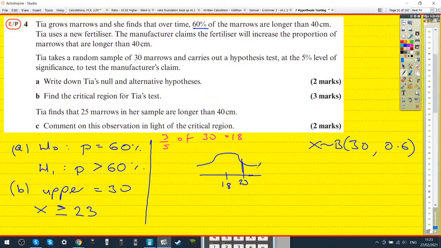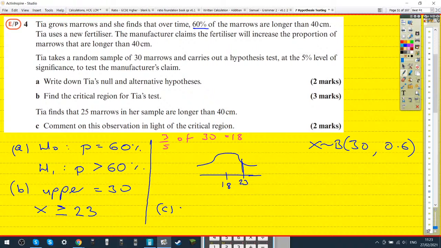Okay, and question C. So would you say that the fertilizer does increase the proportion of the marrows?